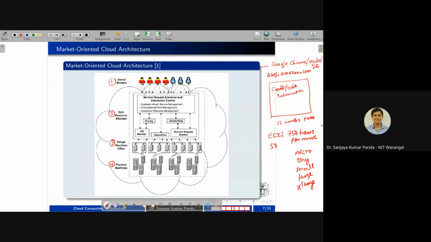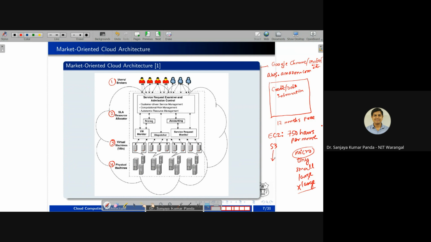Based upon your requirement, you can select one of the machines. For example, most of the time we use micro instances. With respect to instance size, the computational capacity also differs. If you go for X large, you will get more CPU; if you go for a tiny instance, you will get very little.